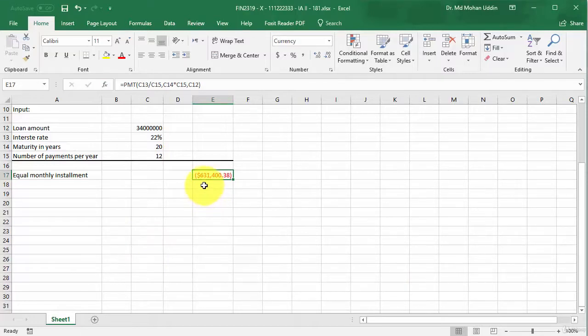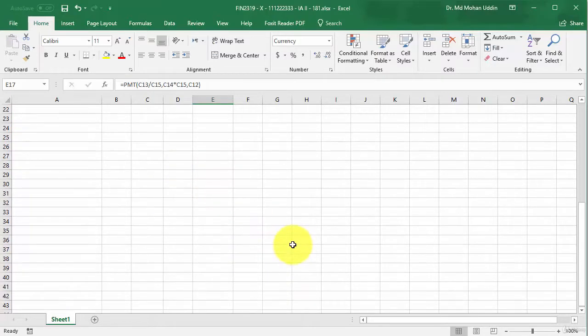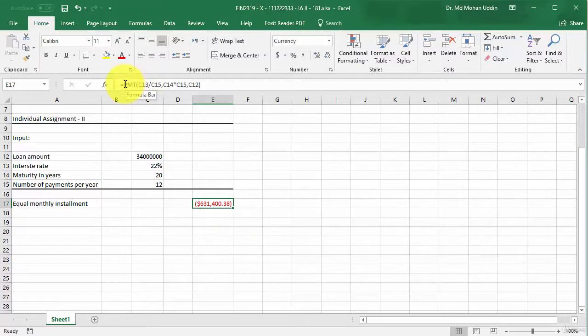We can clearly see that our PMT, or monthly equal installment, is $631,000. Now why is it negative? It is showing negative because we are actually going to pay it. In our loan amortization schedule, we don't want to show the negatives, because these are self-explanatory.